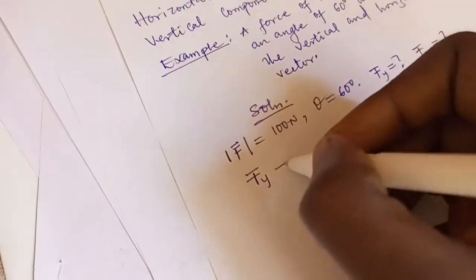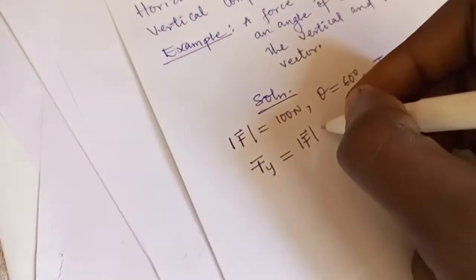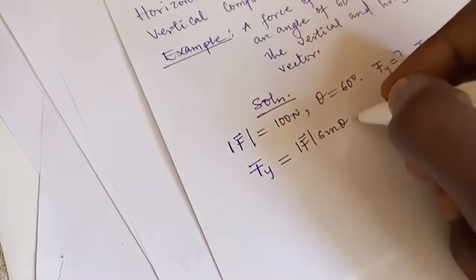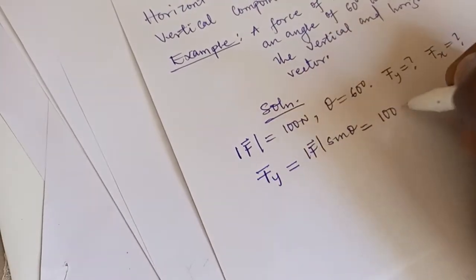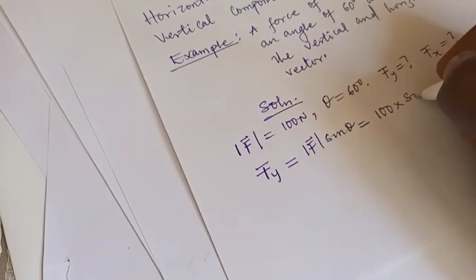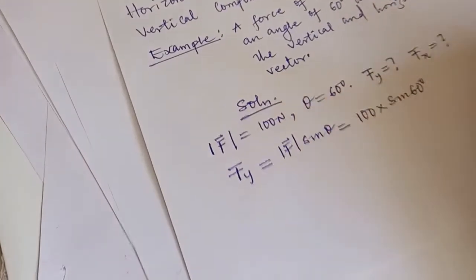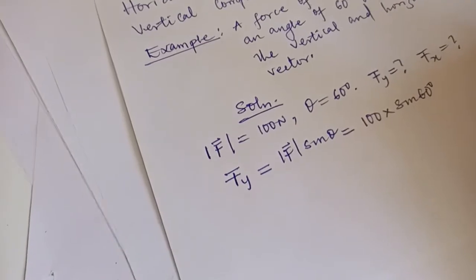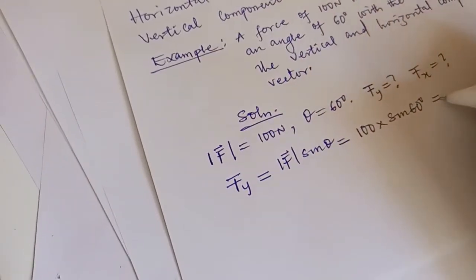The vertical component Fy always goes with sine. It is equal to the magnitude of F times sine theta. And this is equal to the magnitude of F, which is 100, multiplied by sine 60 degrees. And sine 60 degrees is a special angle, which is opposite over hypotenuse: we have root 3 over 2.